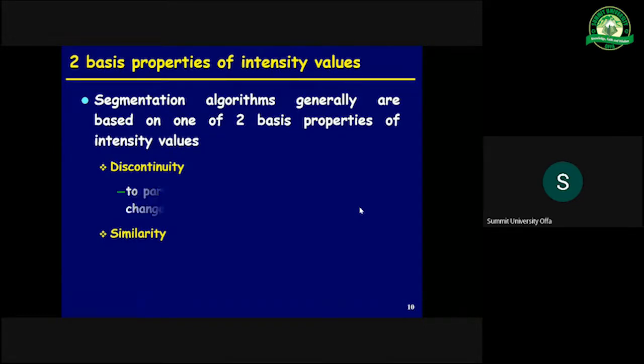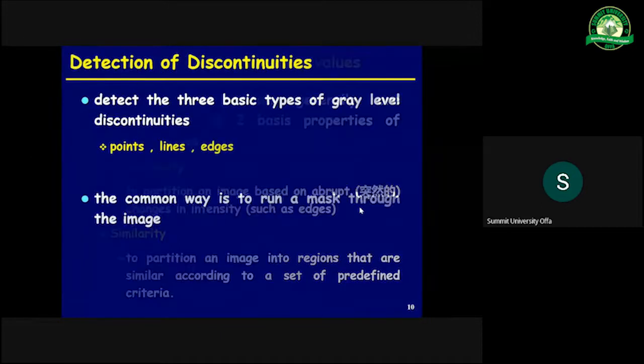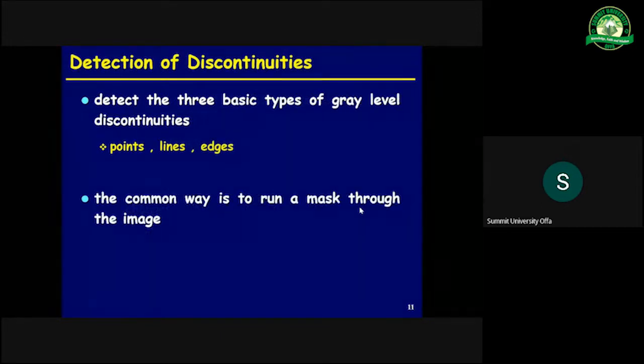We have what is called discontinuity. Discontinuity simply means that there is an abrupt change in the intensity of the image. I will explain that to us. And then it can also be a result of similarity. So let us take it one by one.